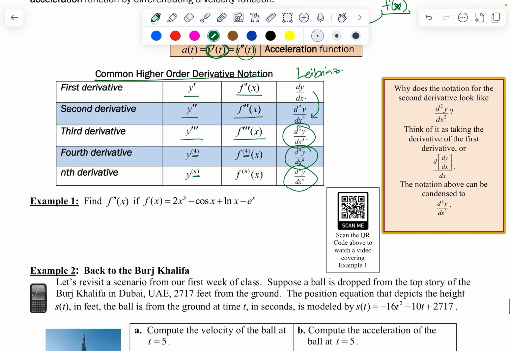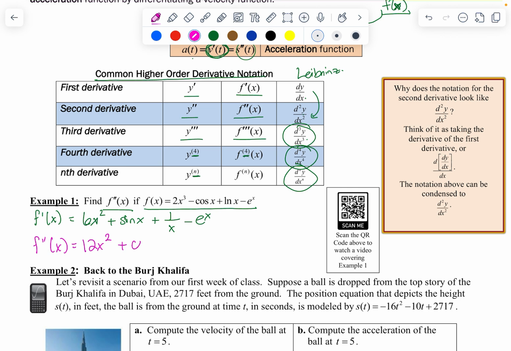So, example 1 says find the second derivative of this original function. In order to find the second derivative, you first have to find the first derivative. And that's going to be 6x squared plus sine of x plus 1 over x minus e to the x. And now the second derivative is 12x squared plus cosine of x minus 1 over x squared minus e to the x.